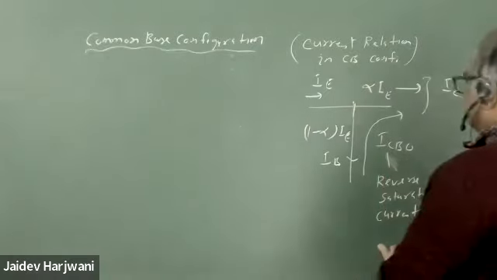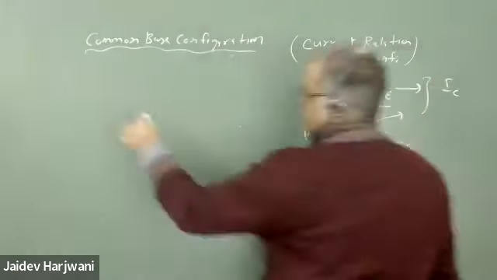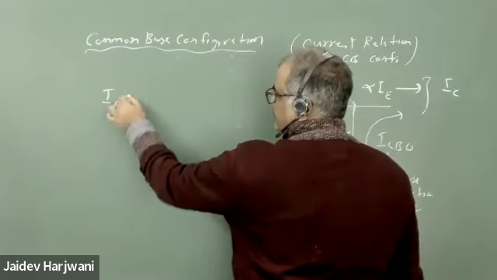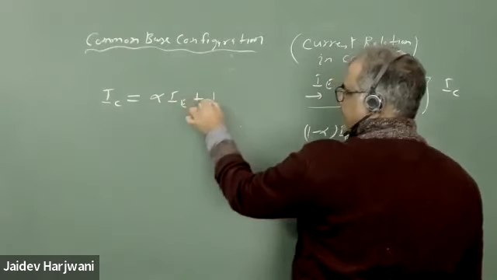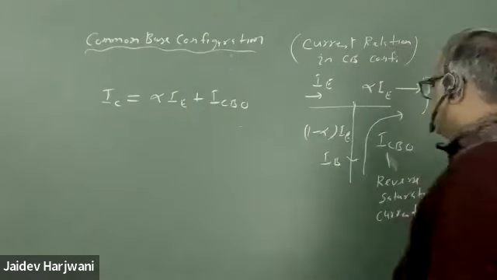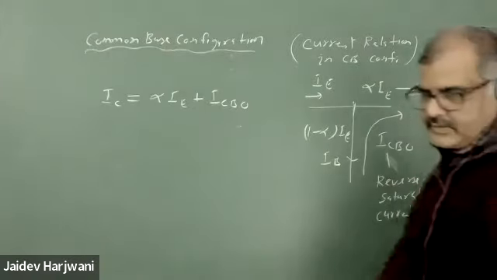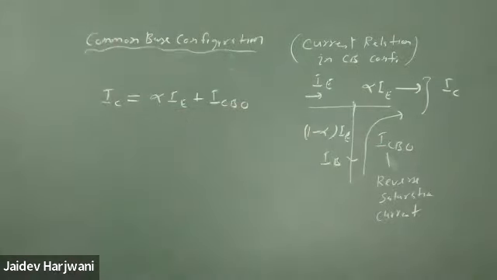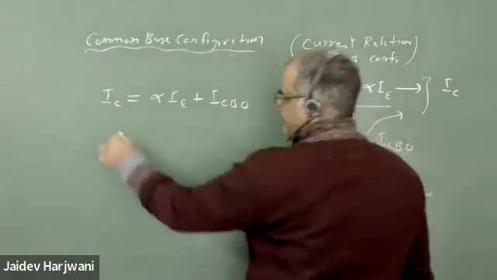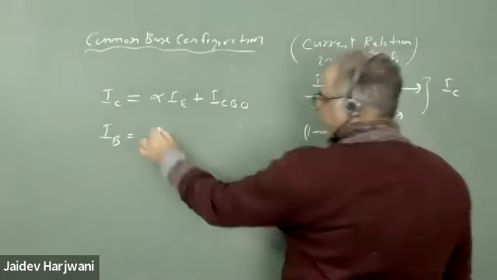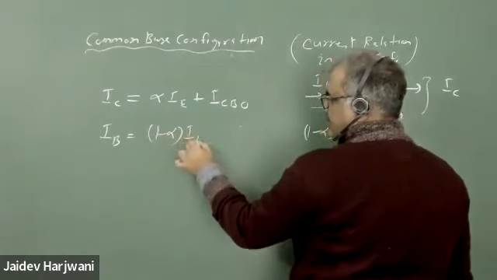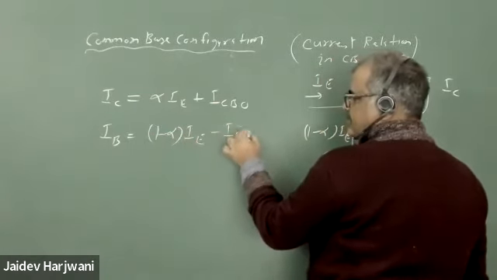From here you can see that your IC is basically equal to alpha IE plus ICBO. Similarly, you can write the expression for other currents also. So IB is 1 minus alpha IE minus ICBO.